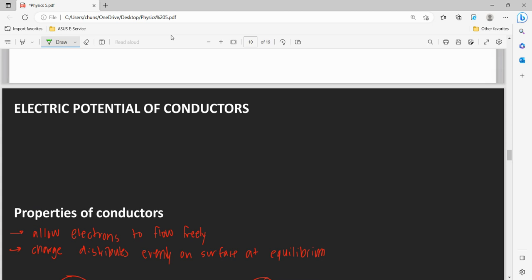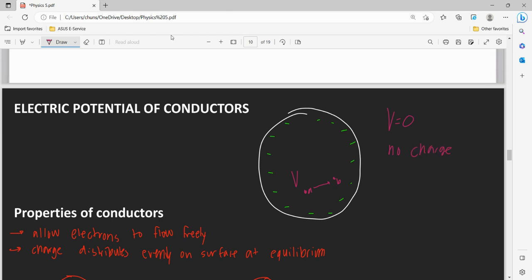So keeping that in mind, if we had a surface that looked like this, and our charges were at equilibrium, so they moved to the outside of the conductor, and you wanted to take the electric potential from this point A to B inside, what do you think the electric potential would be? It would be 0, because we have no charge enclosed on the inside. So no charge inside our conductors.